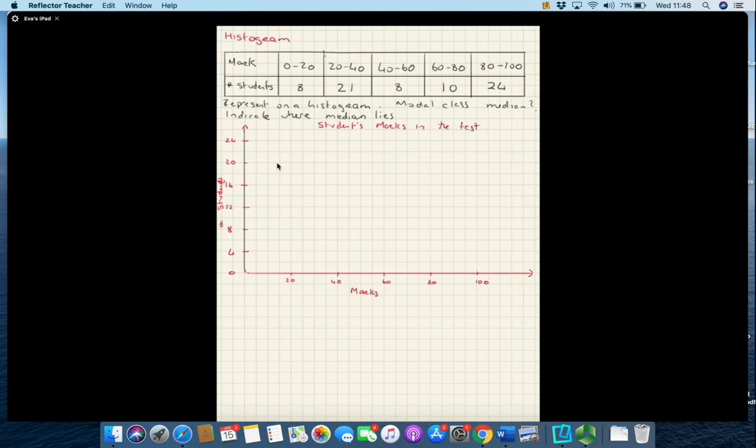So 0 to 20 then was 8 people. So up I go at 20 and across at 8. 20 to 40 is 21, so a little bit above, that's 22, so halfway up here.